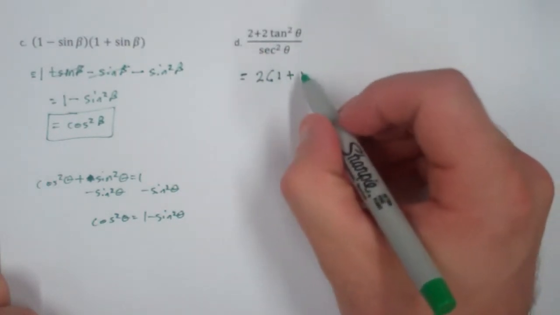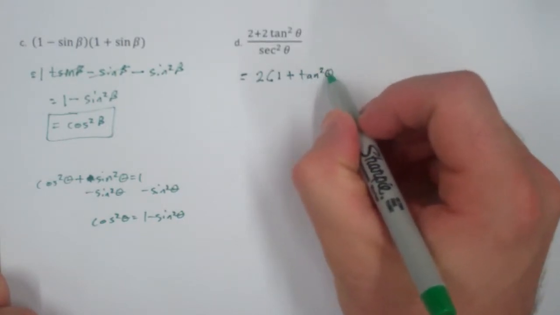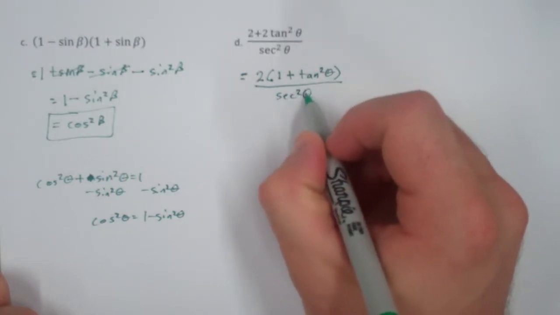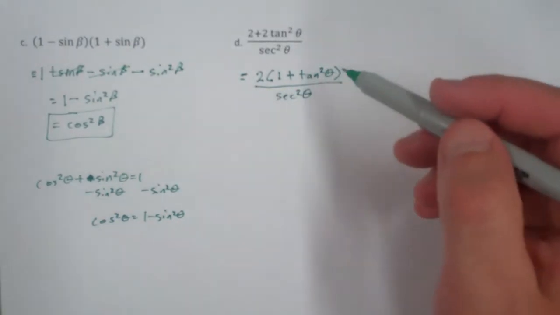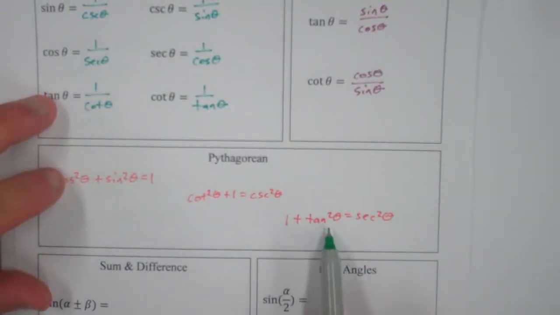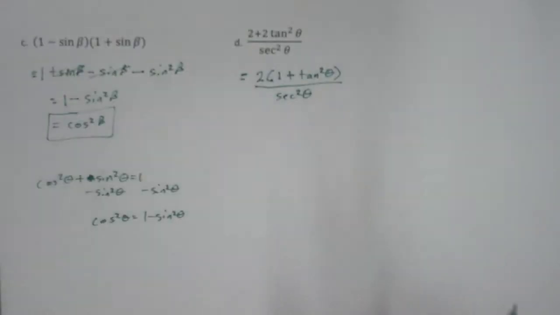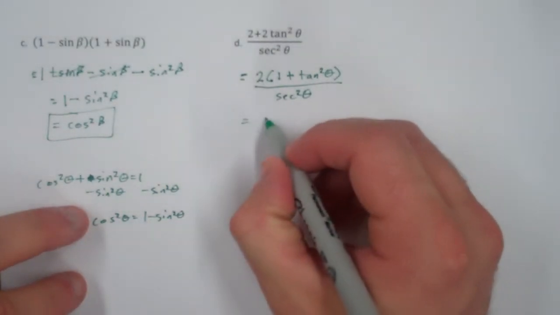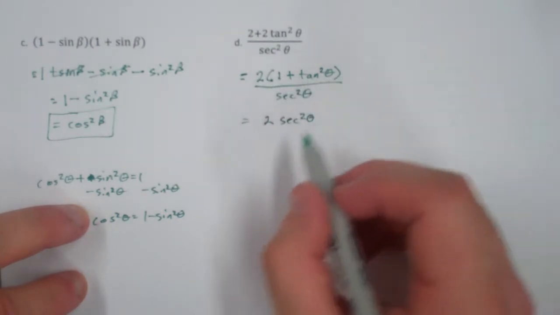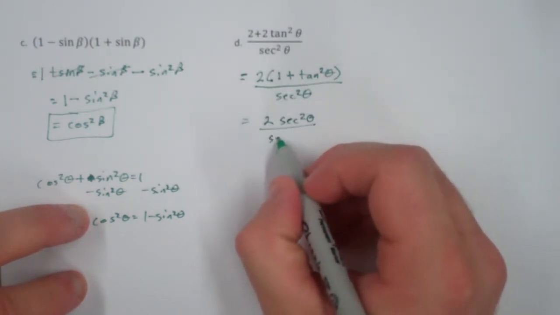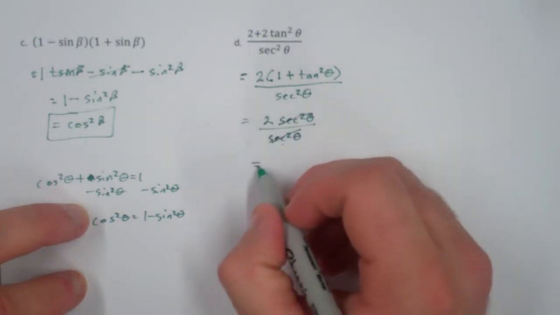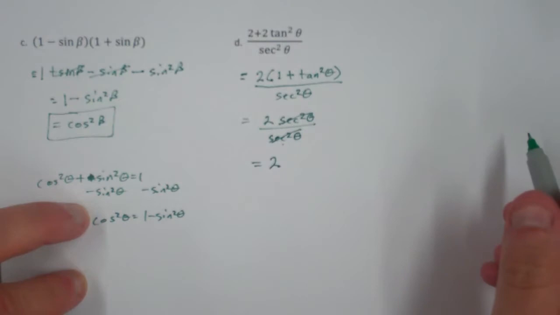And then I've got 1 plus the tangent squared over the secant squared. 1 plus the tangent squared is reminding me of something I saw in my toolkit. 1 plus the tangent squared is the same as the secant squared. So we'll just substitute the secant squared for 1 plus the tangent squared. We are allowed to cancel these out. That's 1. So we're just left with 2.